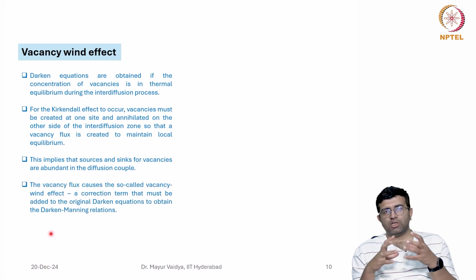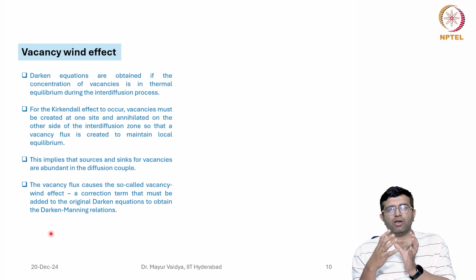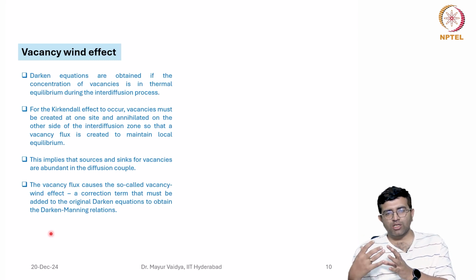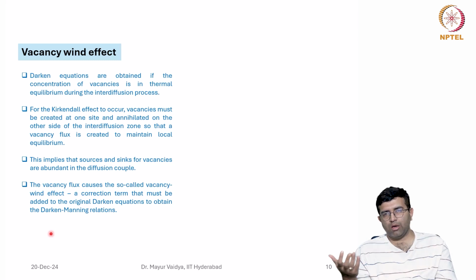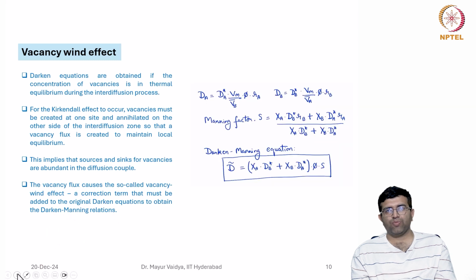If the number of sources or sinks is not sufficient, then you have a net vacancy flux, which causes what is known as the vacancy wind effect. That is a correction term that must be added to the original Darken's equations, and this was suggested by Manning. So, you have what are called the Darken-Manning relations.